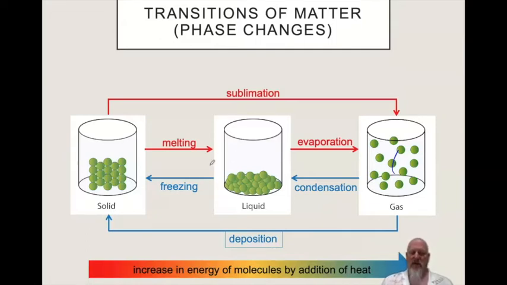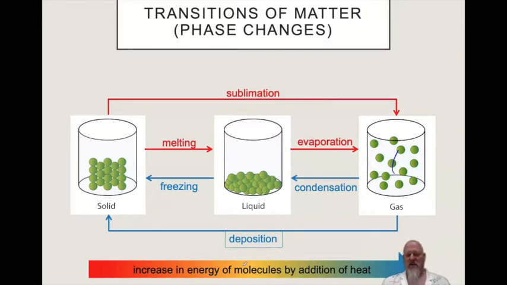In the liquid phase, the two are about equal. The energy of the molecules and the attractive forces are about equal, so they're close together, but they can still move around. Okay. In the gas phase, we've added enough heat, enough energy to raise the temperature enough to make the molecules have enough energy to overcome the attractive forces completely. Right? So that's what's going on with each of these.